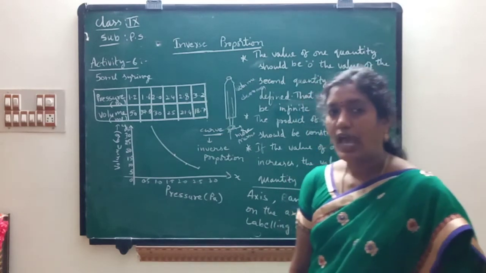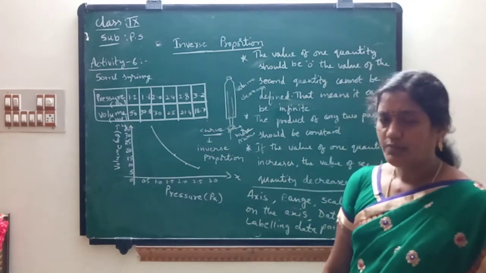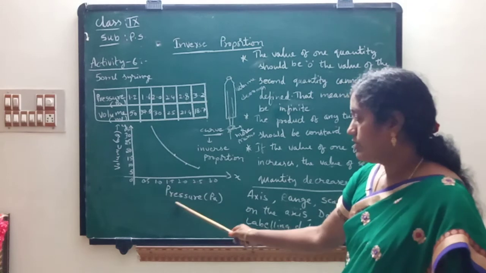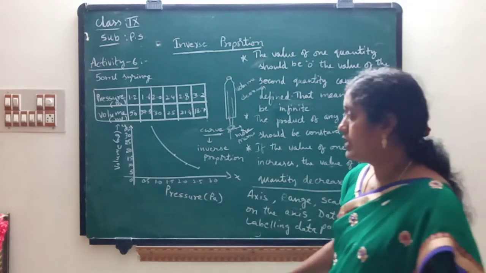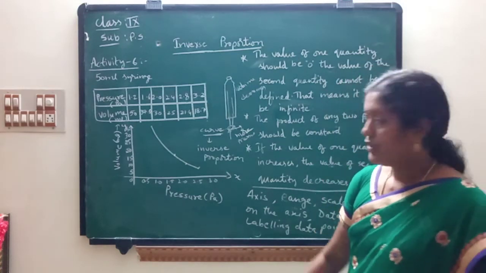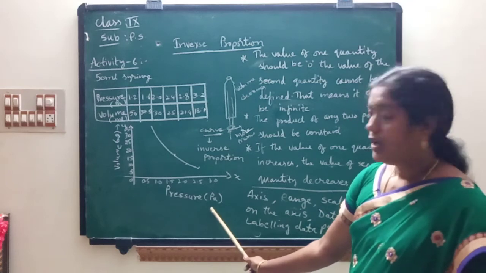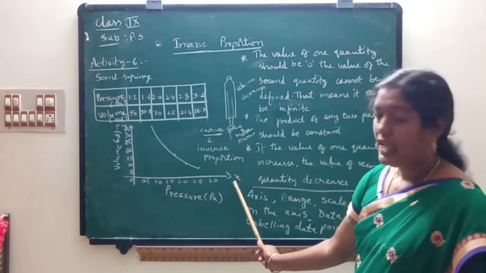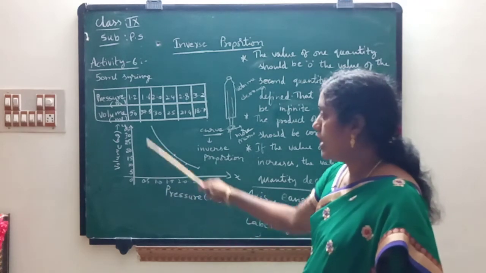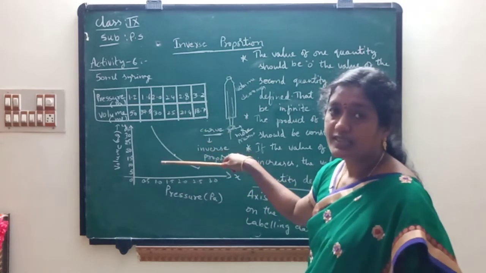So now you have to plot these points in the graph, children. I have told you, pressure is the independent variable and volume is dependent. Dependent variables are taken on the y-axis, and pressure in pascals is taken on the x-axis. So here you have to plot 1.2, 50. Next 1.6, 37.5.